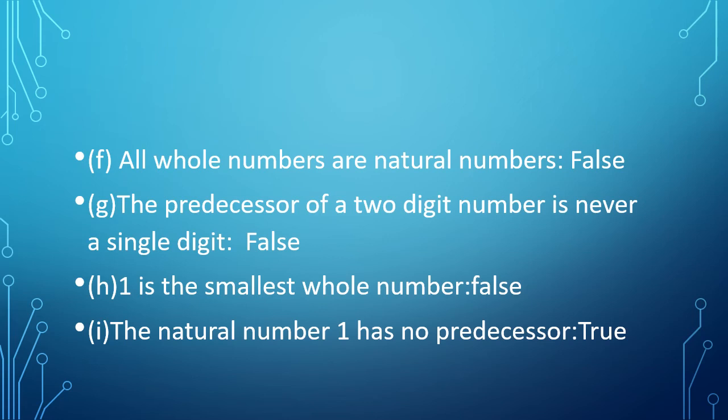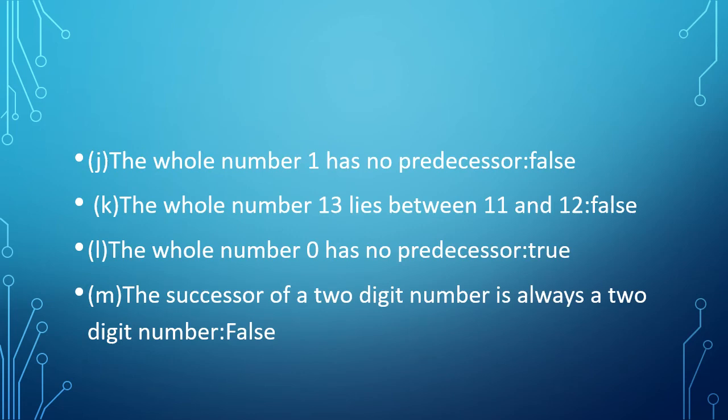The natural number 1 has no predecessor. True. The whole number 1 has no predecessor. False. 0 is the predecessor of 1 which is a whole number. The whole number 13 lies between 11 and 12.